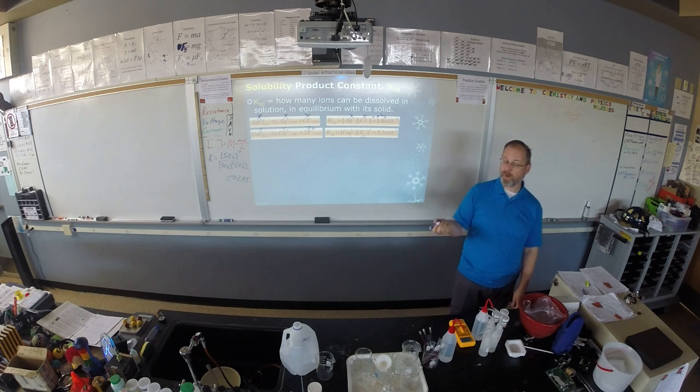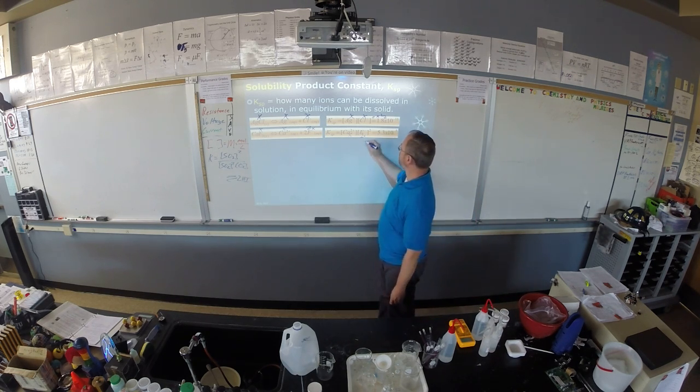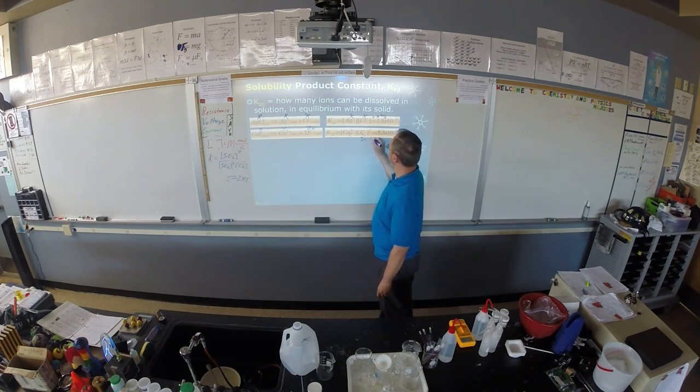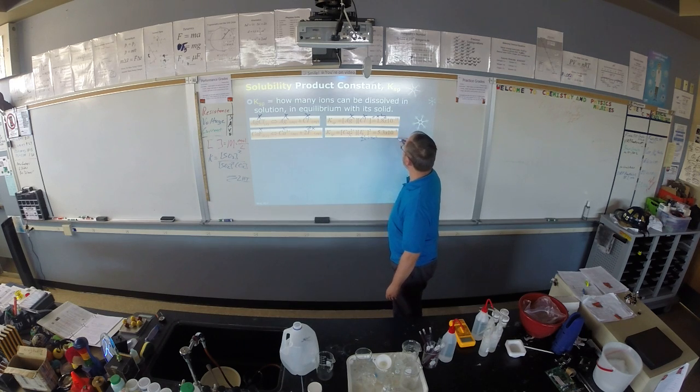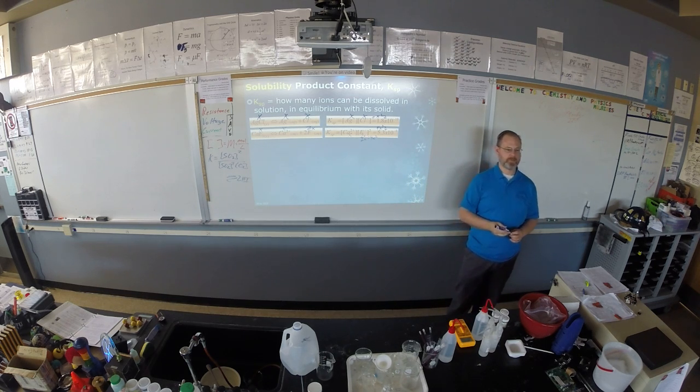And 2X squared, what is 2X times 2X? 4X squared. So this becomes X times 4X squared, which is 4X cubed, and 4X cubed becomes the KSP value. Make sense? We're going to use that here in a second.